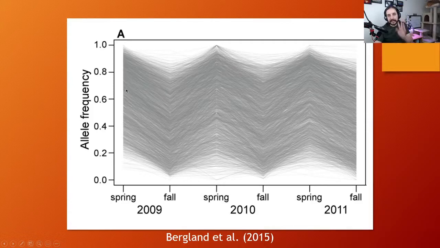And the last thing we need to know is these are the genes from flies between spring and fall, and we see around 0.2 change in their allele frequency from one season to the other, which is almost all the time reproducible, like it just repeats.